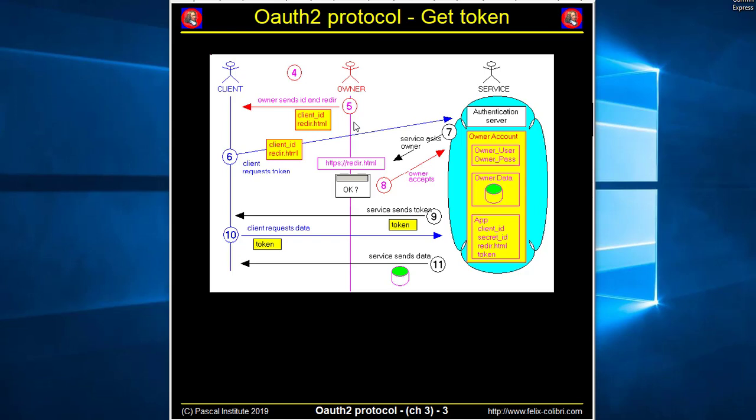To do so, the owner sends to the client application the client ID and the redirection URL. Then the client opens a web browser and in the URL sends the client ID and the redirection URL, asking Dropbox to send the token. Dropbox receives this request and then redirects the request to the redirection URL, where the owner has to send his email and password.